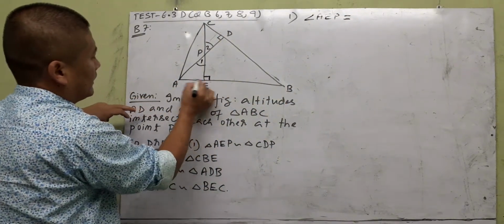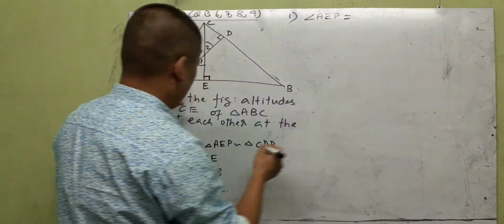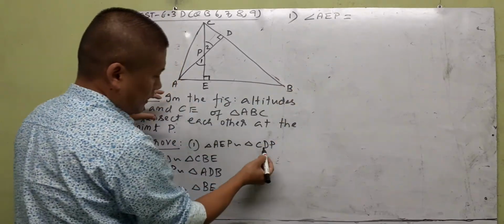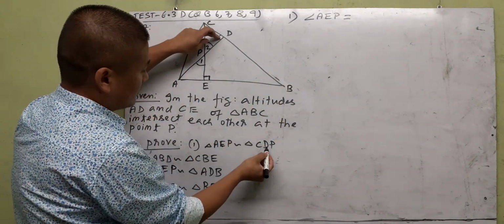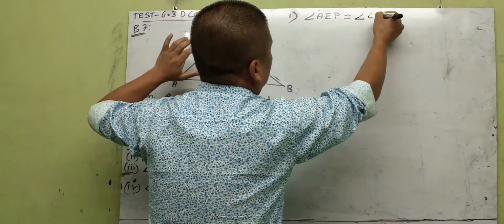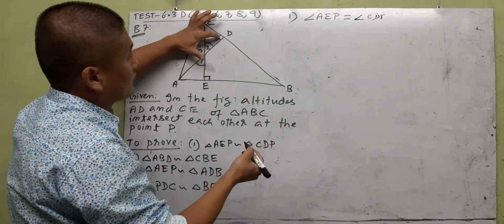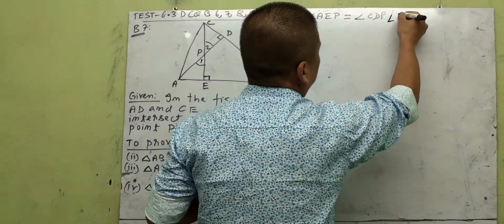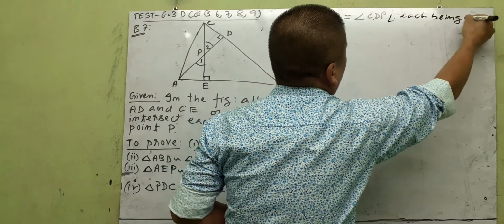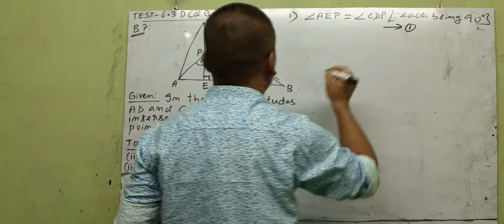See here, 90 degree. Perpendicular means this angle AEP will be 90 degree. Then E is the vertex, the middle point. D is also perpendicular, so angle CDP is 90 degree too. You can write here, each being 90 degrees. So you can keep this one as equation number 1.